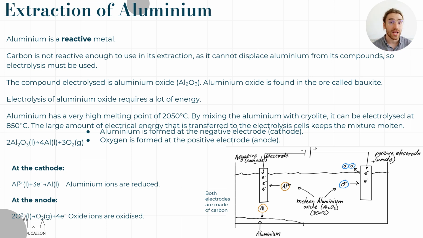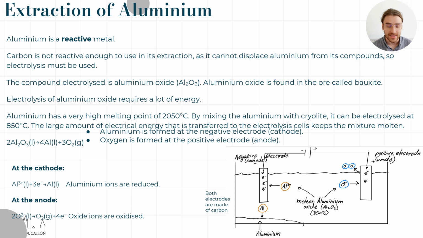Now aluminium oxide is an ionic bonded substance, and therefore it needs to be molten down. It is a lot more efficient to perform this process when we are using something called cryolite.